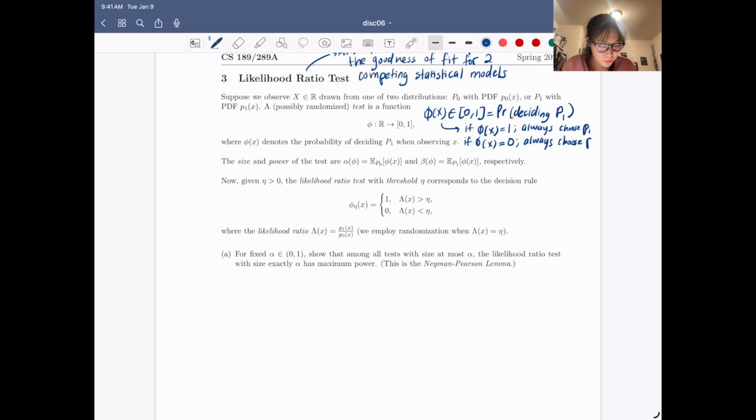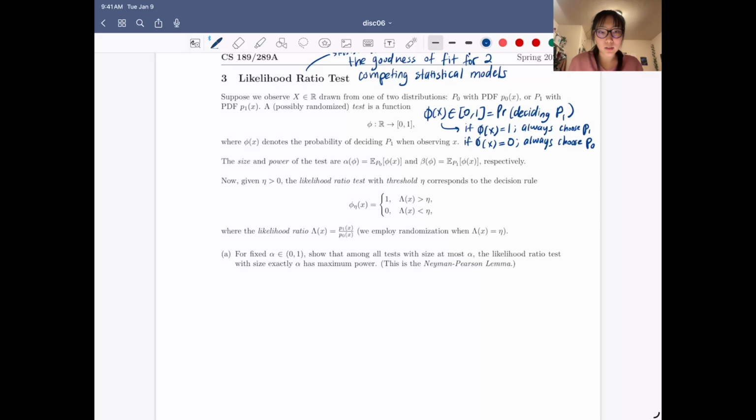Another way to think about it is like a positive versus a negative. P1 can be the distribution that represents choosing something to be positive, and P0 can be choosing something to be negative. Let's say you're trying to detect whether someone has an illness, and P1 is yes, they have an illness, and P0 is no, they don't.